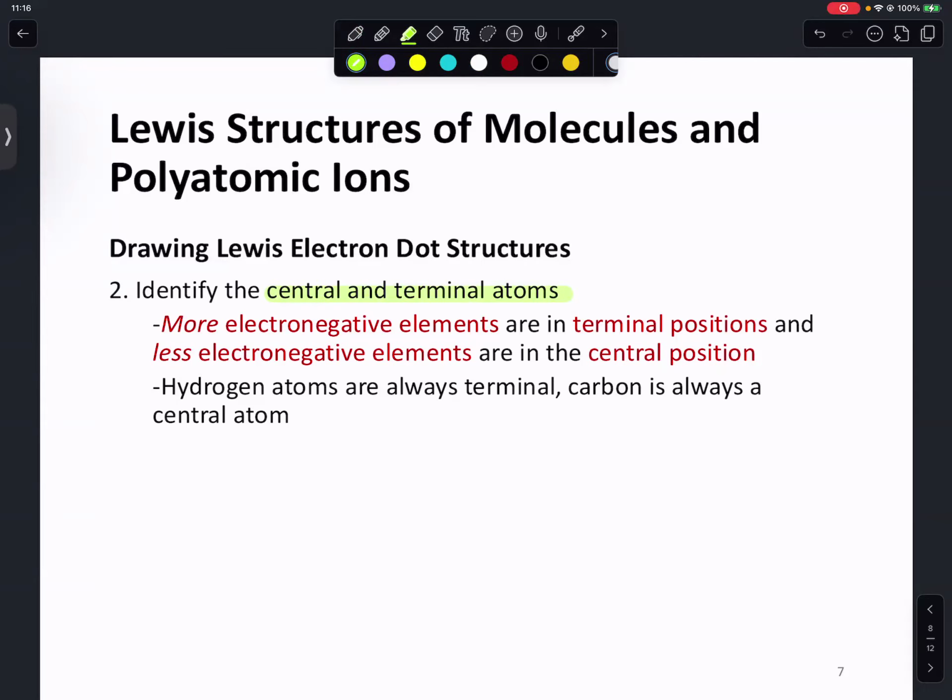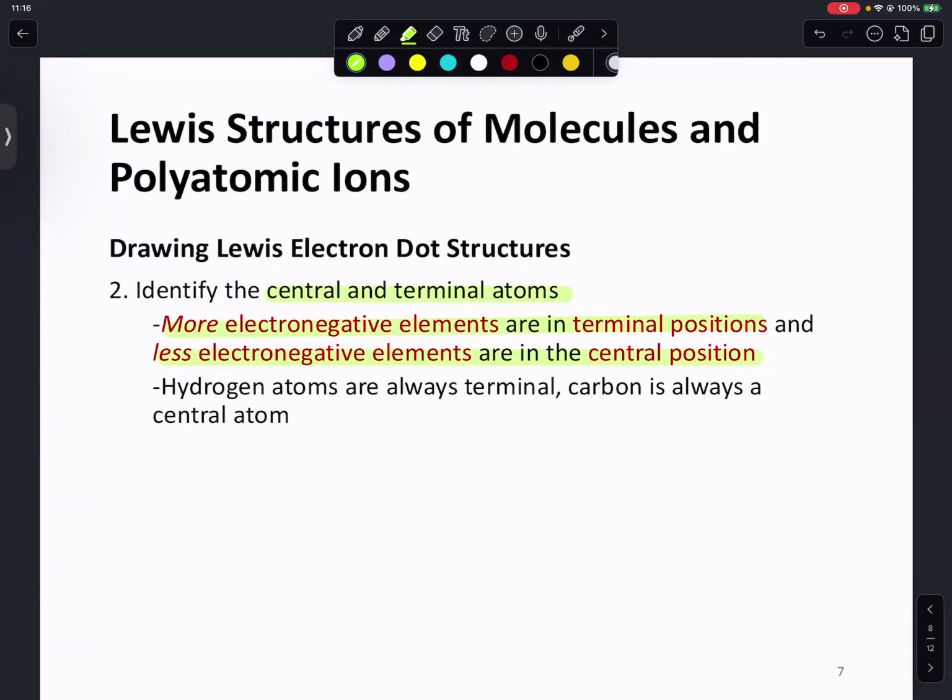So the more electronegative elements are going to be in the terminal position, and the less electronegative element is going to be in the central position. And let's think about why, conceptually, that might be the reason. A more electronegative element will not have the tendency, compared to a less electronegative element, to donate its electrons.